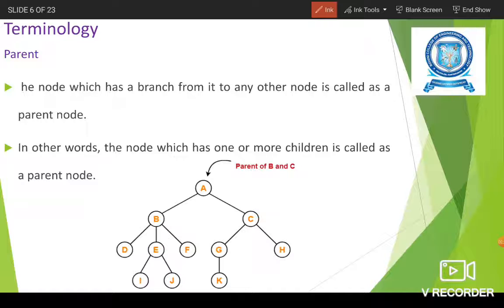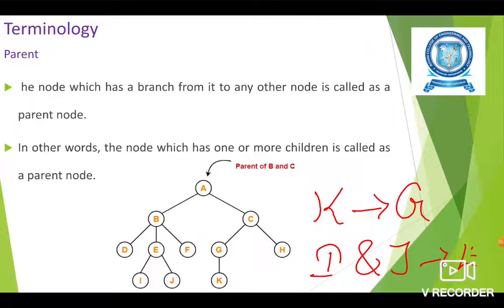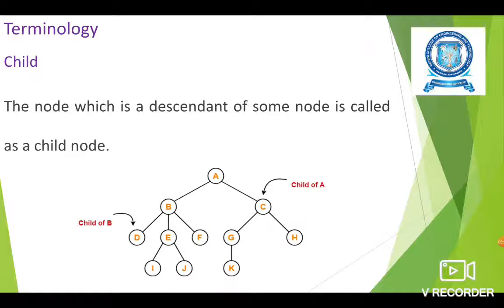From the given tree, you can say that A is the parent of B and C. Can you tell me the parent of K? So it is G. What about the parent of I and J? It is E. Okay. So that's about the parent of the tree.